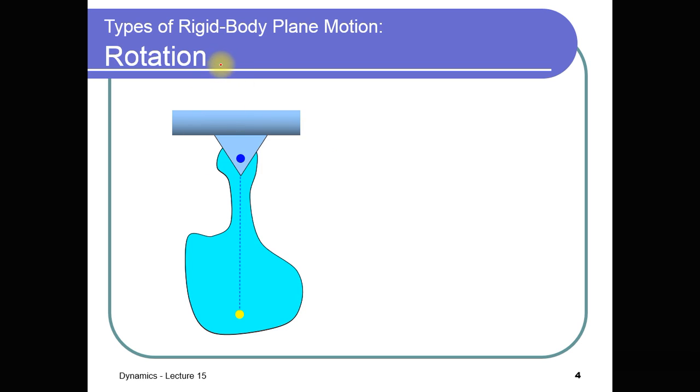This is again the rotation, rigid body plane motion in terms of rotation. If let's say there is an external force over there, and this is the fixed axis, what happens to the rigid body?